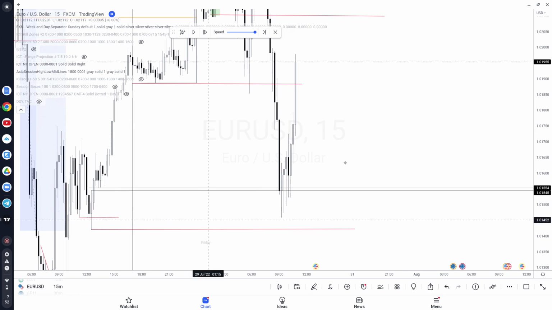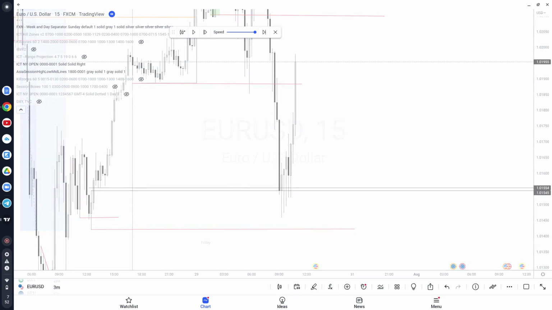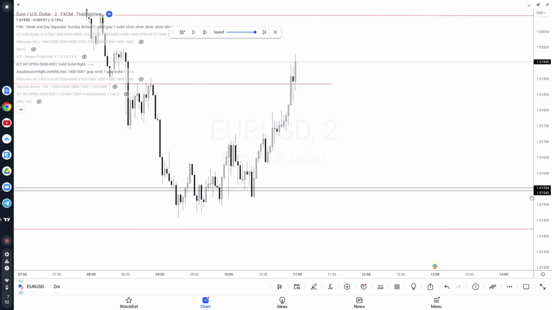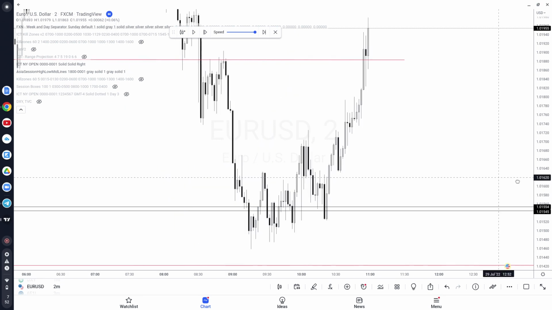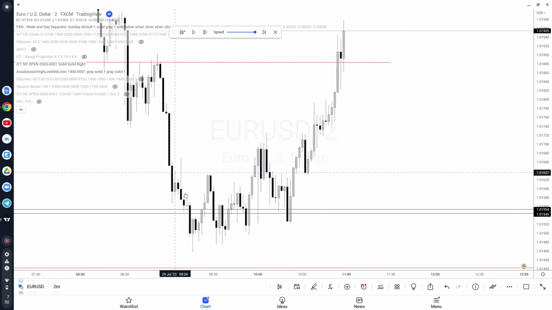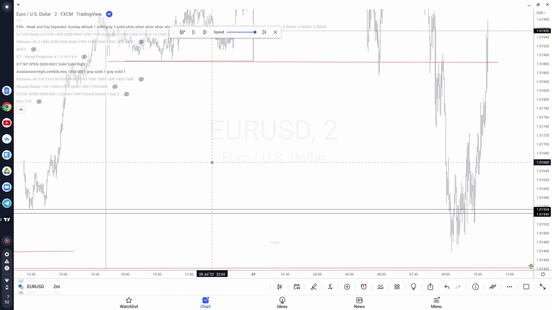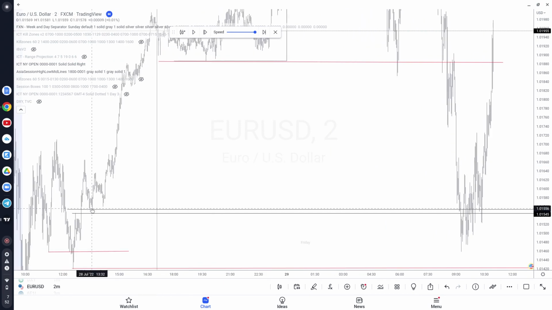Boom. And then let's zoom inside of that level and see how we could have engaged. Sweep, drop down. We don't necessarily get a sweep, I don't think. Okay, yeah, we do. These lows here are swept, and then this range is balanced completely.